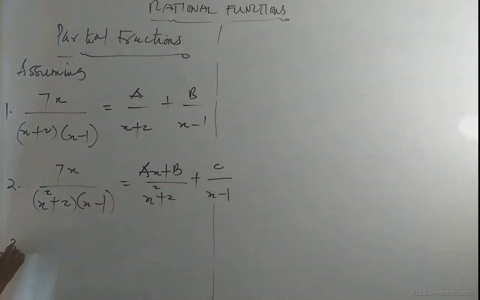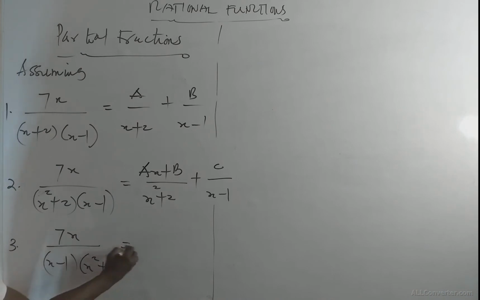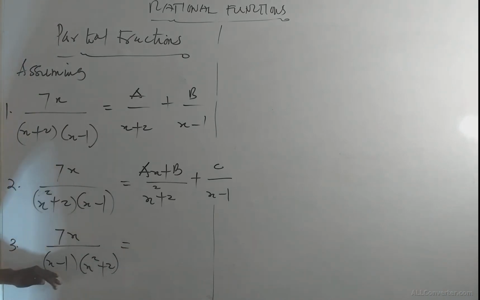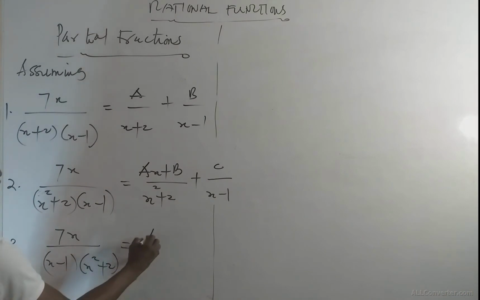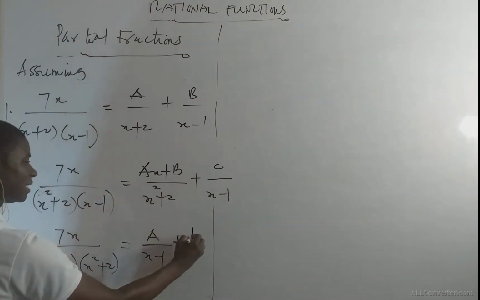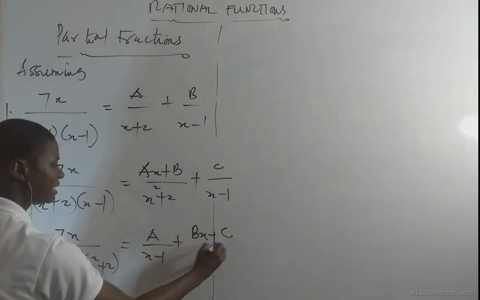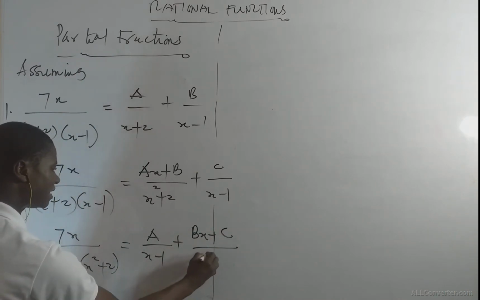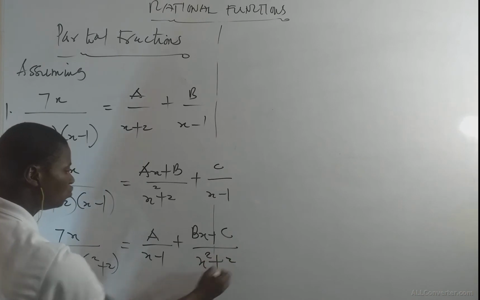Now, assuming that this is rather 7x over x minus 1, then we have x squared plus 2. Take note that when you look at this, the linear factor comes first before the quadratic factor, but still it is a denominator with a quadratic factor because one of the factors is quadratic. And this one will have a partial fraction. It will rather be A over the linear factor, then bx plus c over the quadratic factor, that is x squared plus 2.